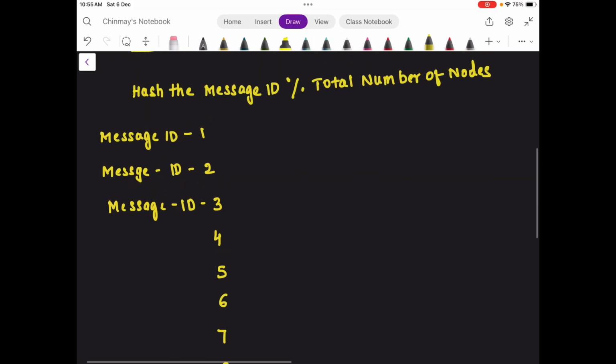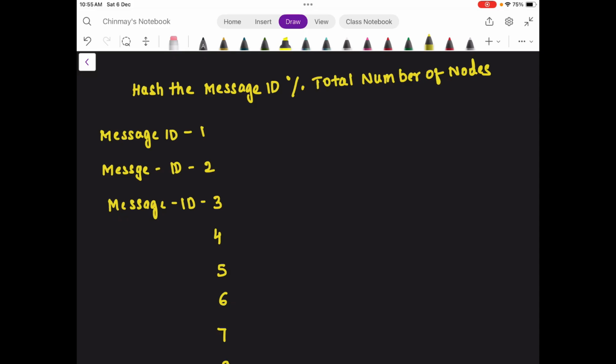We pass the message ID through the hash function. For example, the hash gives the value 1. Then 1 modulus the total number of nodes, 3, gives what?